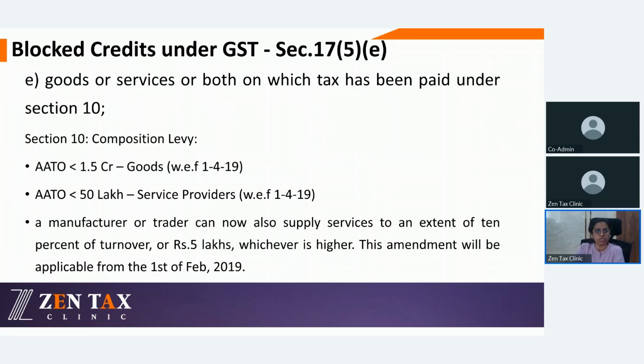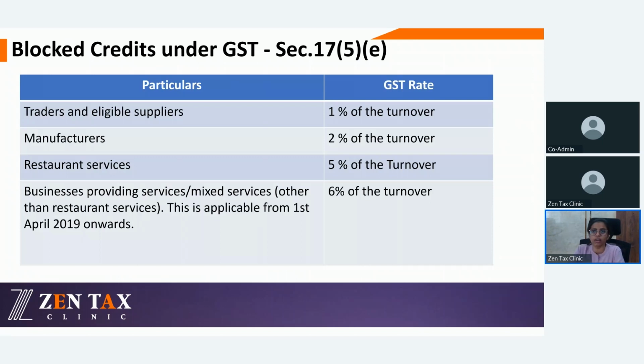Under this composition scheme, the tax can be discharged at reduced rates. These rates have been prescribed. If I'm a manufacturer, the GST rate would be 2% of the turnover. If I'm a trader, I have to discharge tax at the rate of 1% of the turnover.